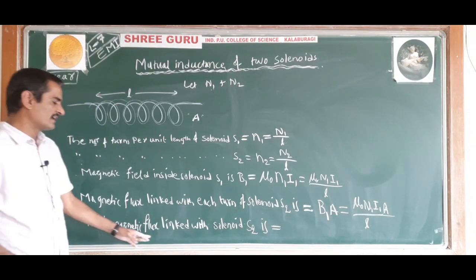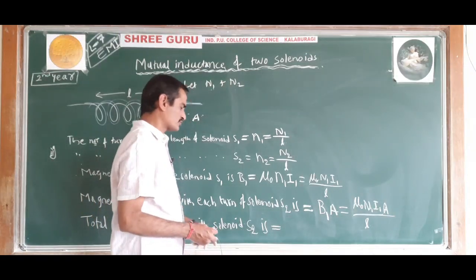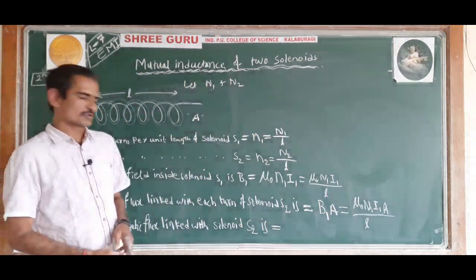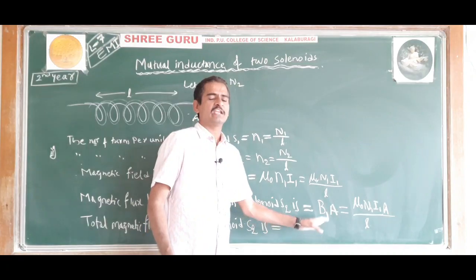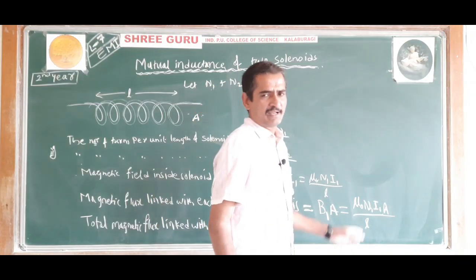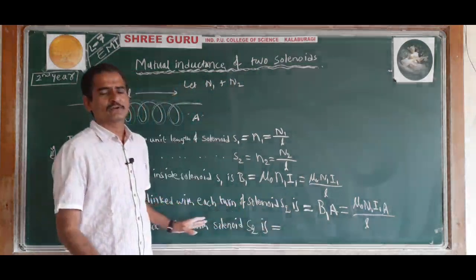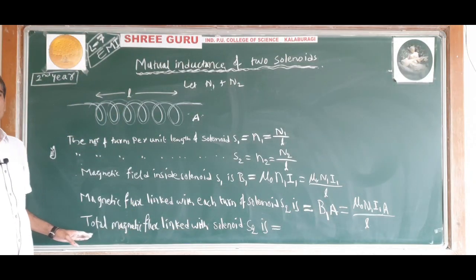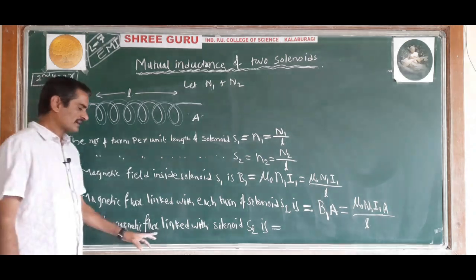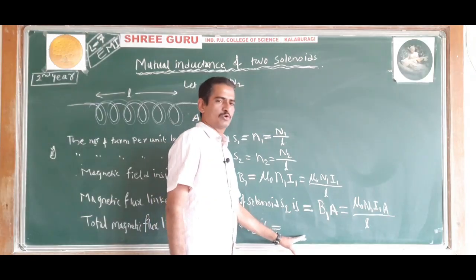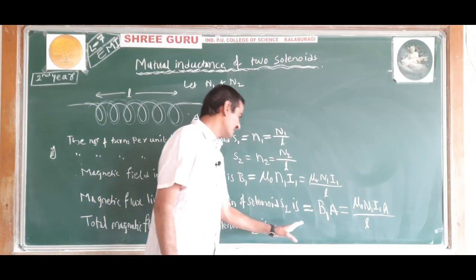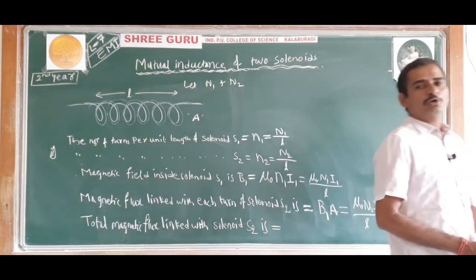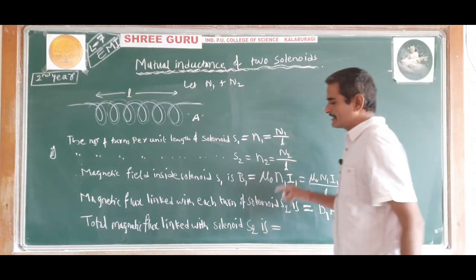Total magnetic flux linked with solenoid S2 is equal to the magnetic flux linked with each turn of S2 multiplied by the total number of turns of S2. Understood? In self-inductance also we have written it like this. Total magnetic flux linked with solenoid S2 is equal to the magnetic flux linked with each turn of solenoid S2 multiplied by the total number of turns in the solenoid S2.